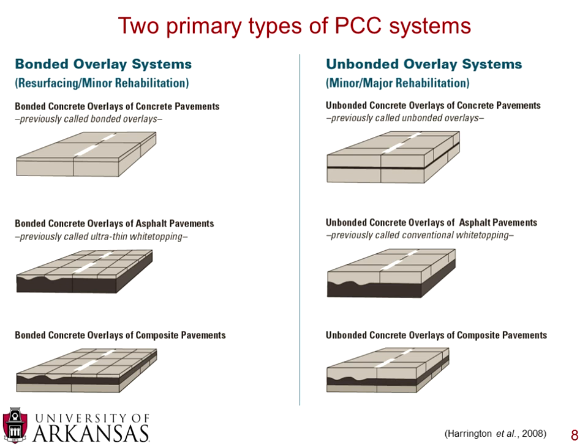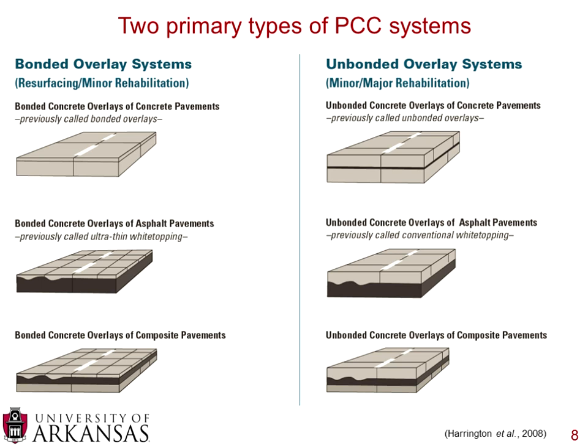The composite pavement here is a Portland cement concrete road with an asphalt overlay, and then the bonded overlay system on top of that. So you kind of have an ice cream sandwich of sorts with two cookies and then the asphalt in between. And then on the right-hand side, the unbonded systems, you have the concrete on top of concrete, concrete on asphalt, and then the concrete on the composite, which again is the asphalt over the concrete.